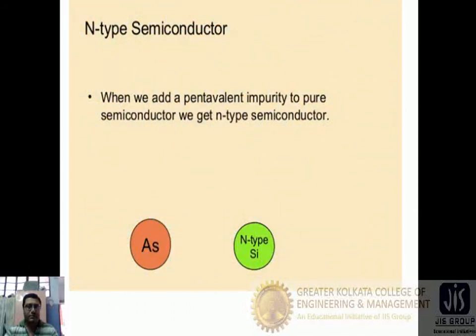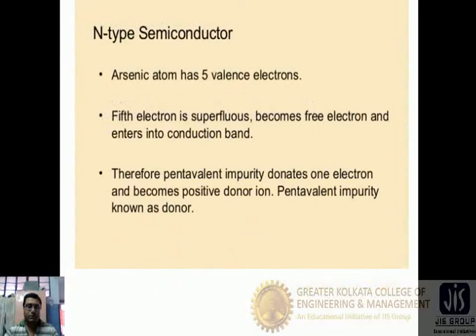For n-type semiconductors, when we add pentavalent impurity to a pure semiconductor, we get an n-type semiconductor. Arsenic is one of the impurities, the dopant, which is applied to a pure semiconductor, silicon or germanium, to get an n-type semiconductor. In the n-type semiconductor, the arsenic atom has 5 valence electrons.